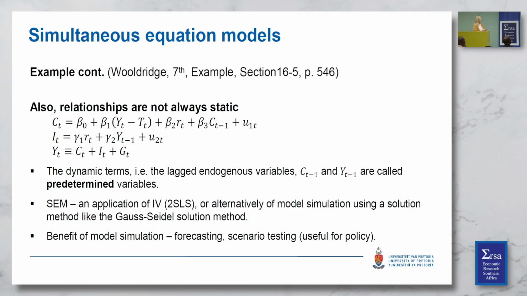So those lag terms, so lagged income that can affect investment outcomes, when it enters an equation like this, we refer to those as predetermined variables. So by the time we arrive in period T, we have already simulated that value. So it's predetermined at that point.